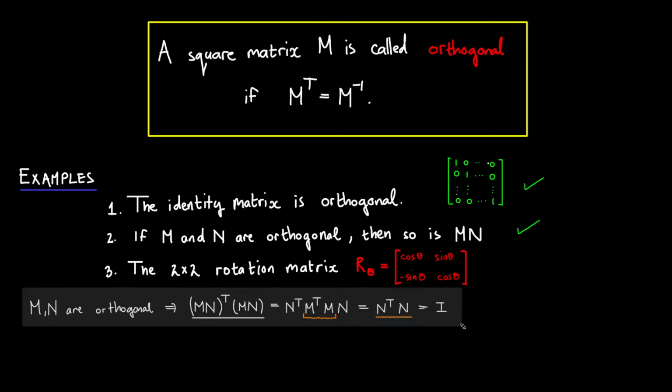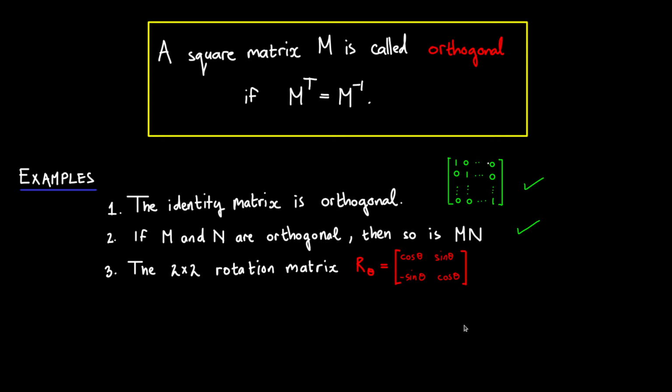Well, in fact, any 2 by 2 rotation matrix is an orthogonal matrix. So let's see how that works. If I take R theta transpose times R theta, well, this is a certain product. It's the product of cos theta.